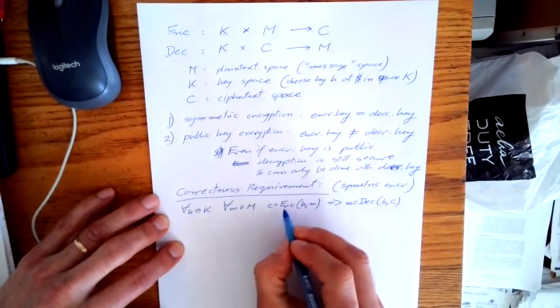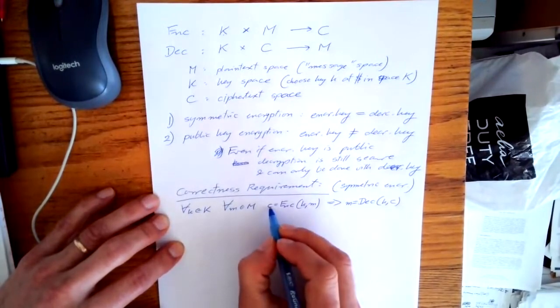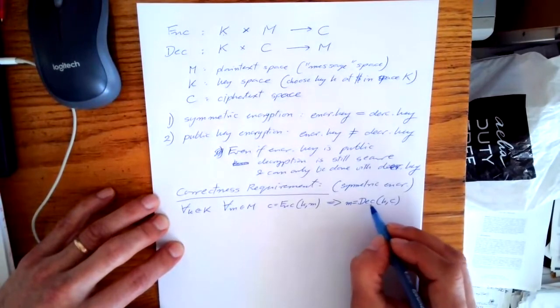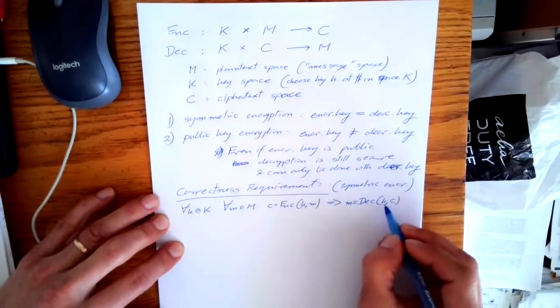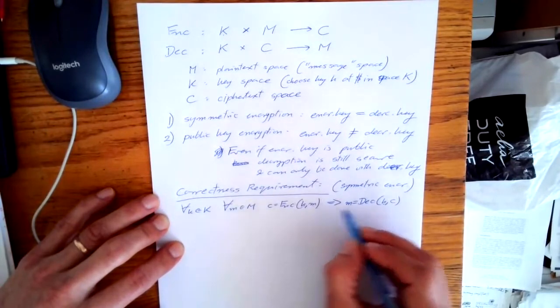So if encryption used some key to map a message into a ciphertext, and then the same ciphertext was run through the decryption function using the same key, then the guarantee is that the original plaintext will be spit out.